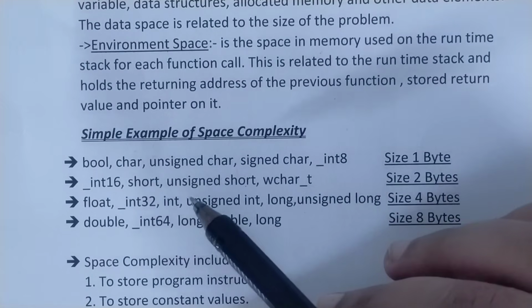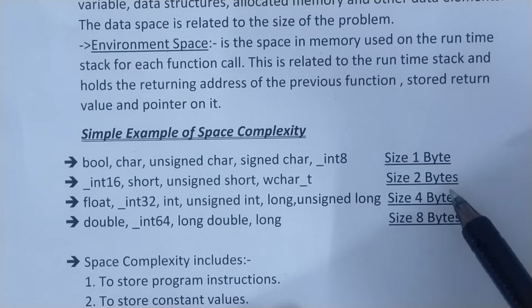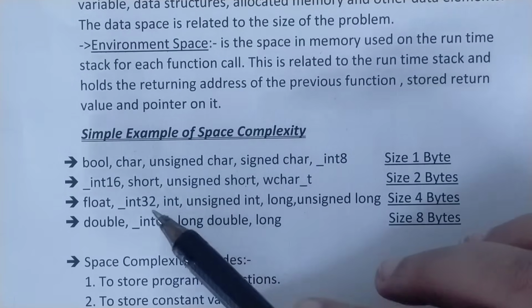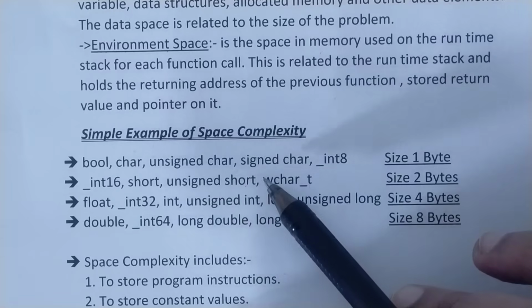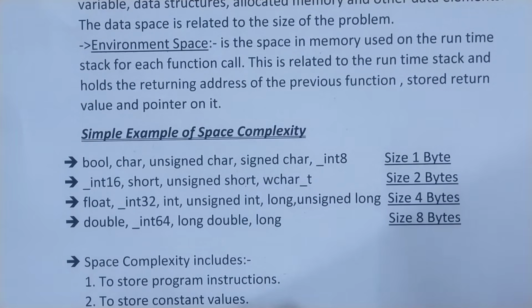Here I have described different data types using different sizes of memory to get stored into the memory. First, data types bool, char, unsigned char, signed char, __int8 require memory of size 1 byte.